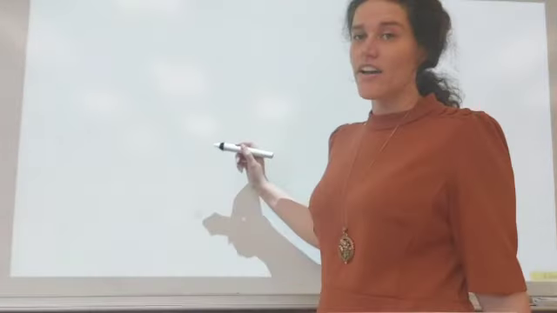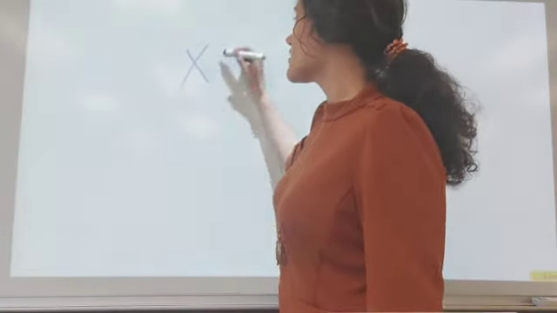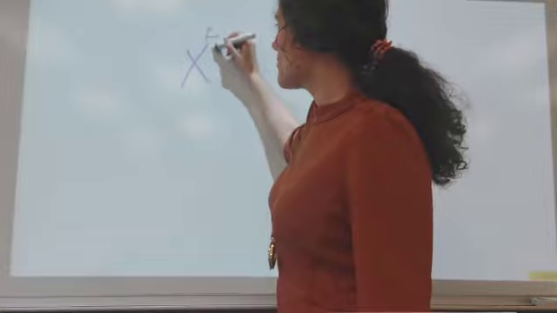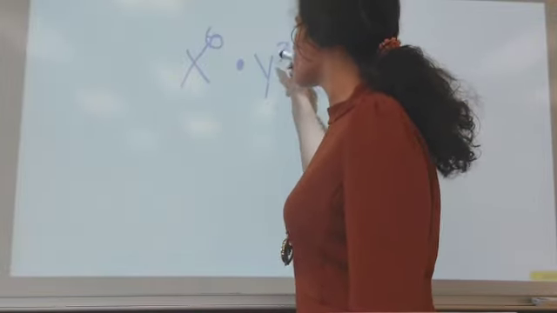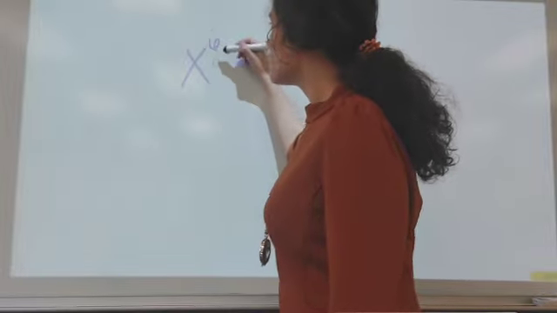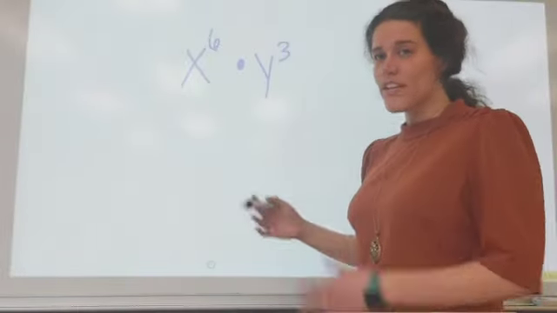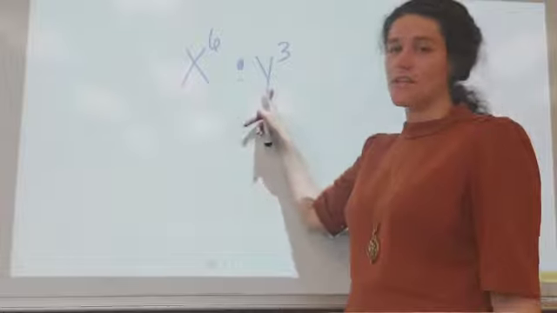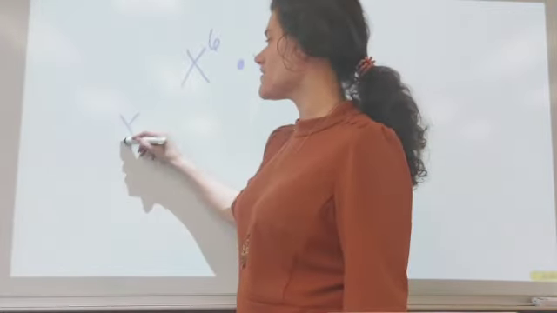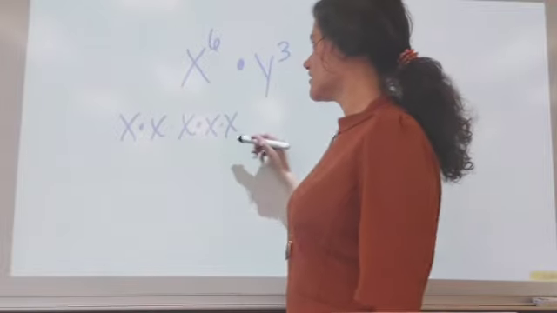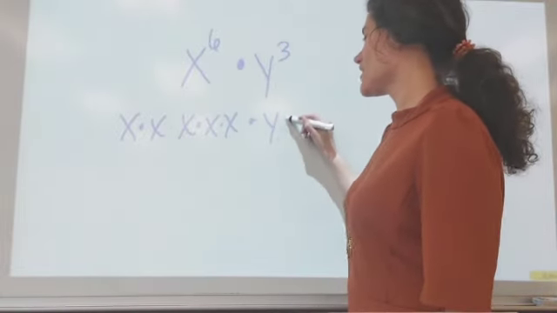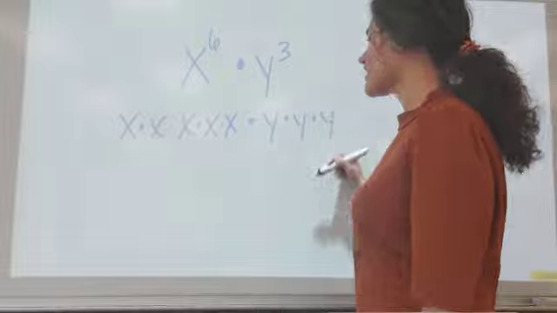Let's say if I had x to the 6th power, and I'm multiplying that by y to the 3rd power. Okay, so here I don't have the same base anymore. Now I have 6 x's being multiplied and multiplying that by 3 y's.